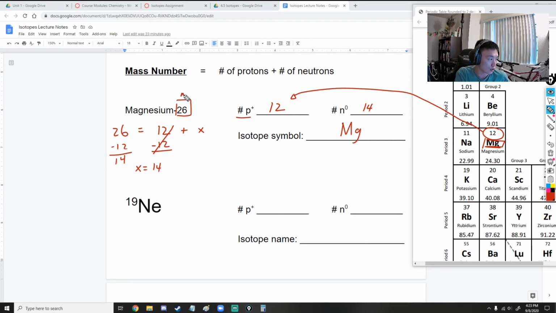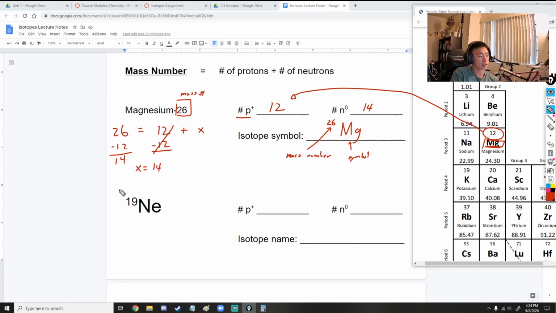The mass number is how many protons and neutrons there are. There's 26, so I'm just going to write 26 on the top left-hand corner, and this is going to be your symbol. So all you need to do is put the mass number on the top left, and put the symbol, and that's it. The isotope symbol for magnesium-26 is 26 on the top left, Mg.